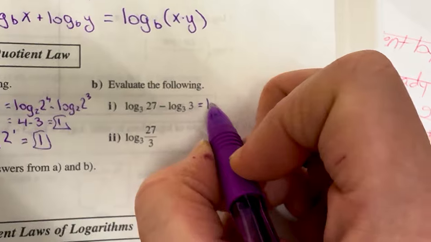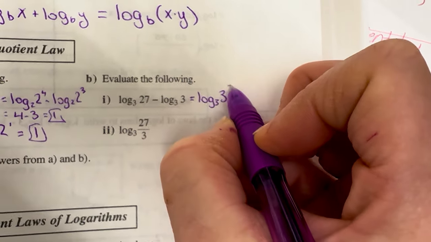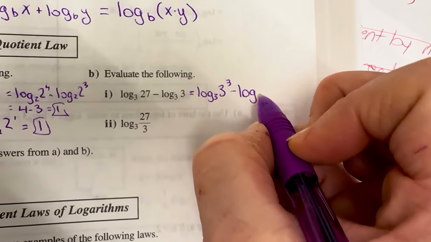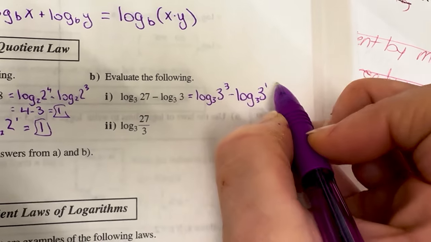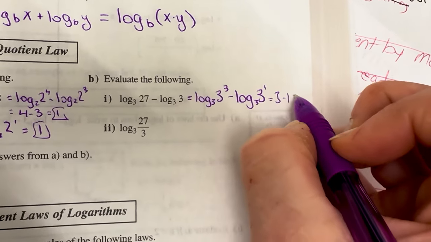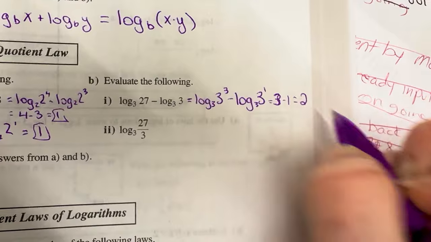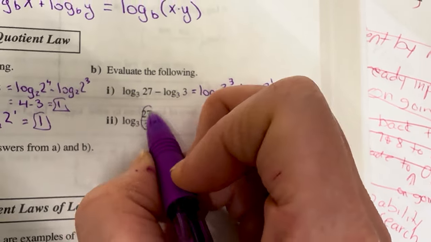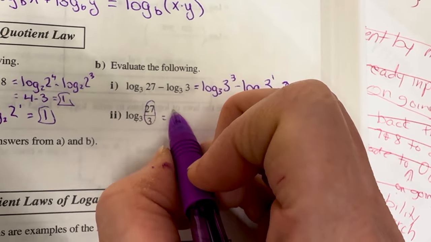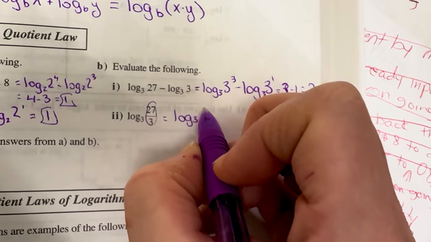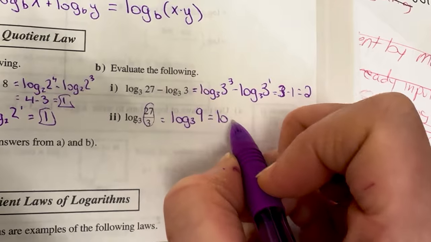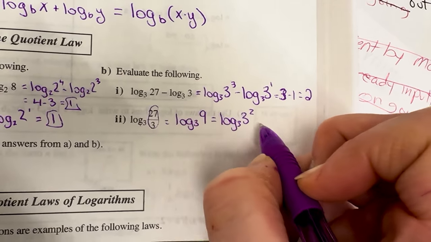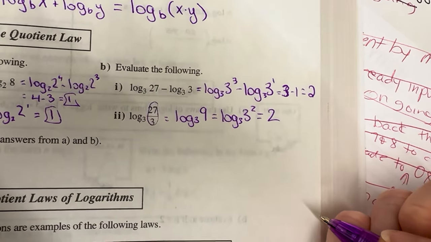And then over here, log 3 to the 3 minus log 3 to the 1. 3 minus 1 is equal to 2. And then over here, 27 divided by 3 is 9, which can be written as log 3 to the 2, which is equal to 2.